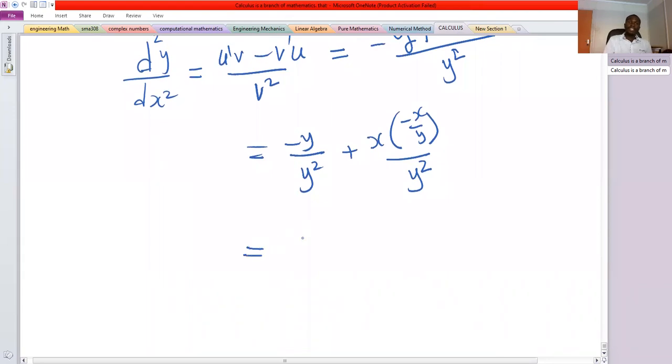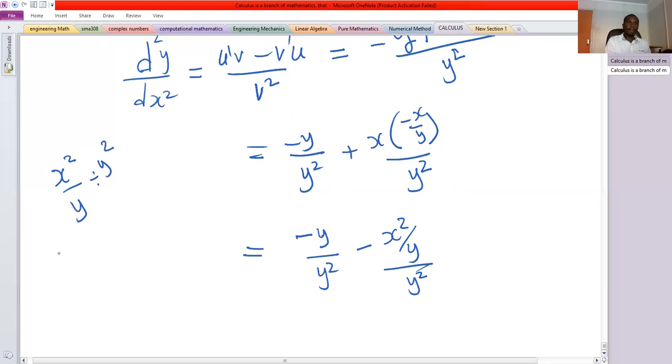So which is the same as minus y over y squared minus x squared over y squared. So x squared over y divided by y squared is the same as x squared over y times the reciprocal of y squared.